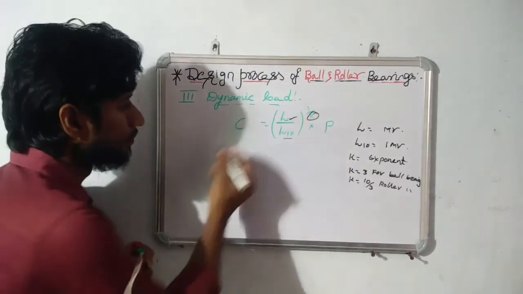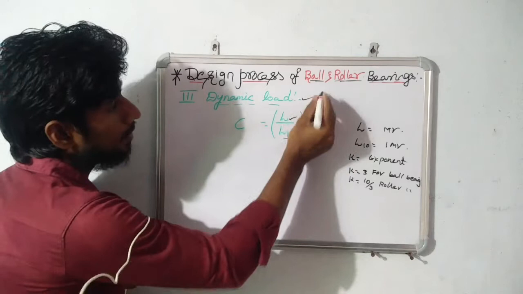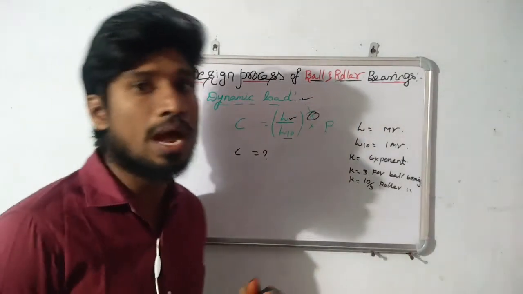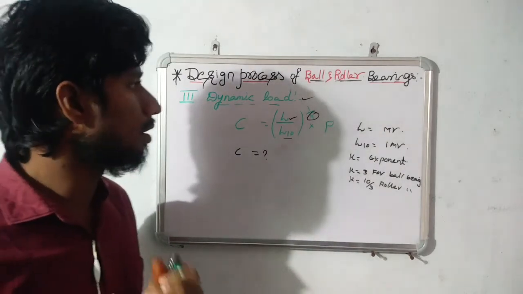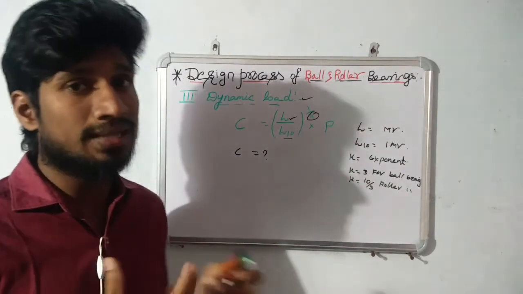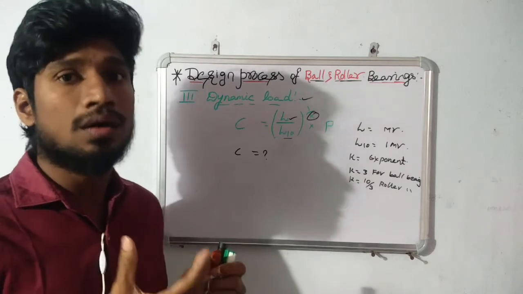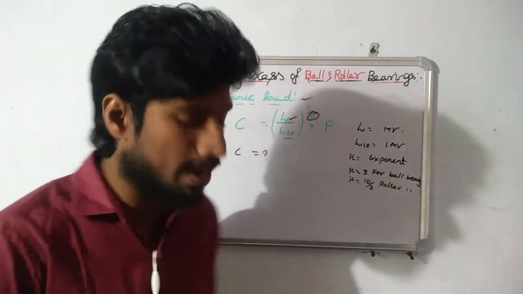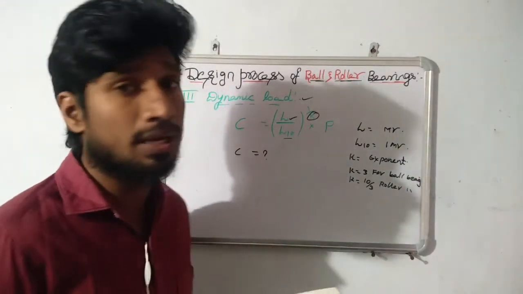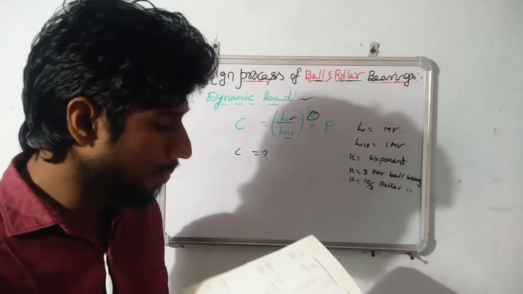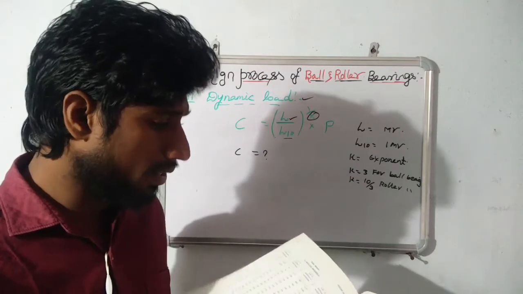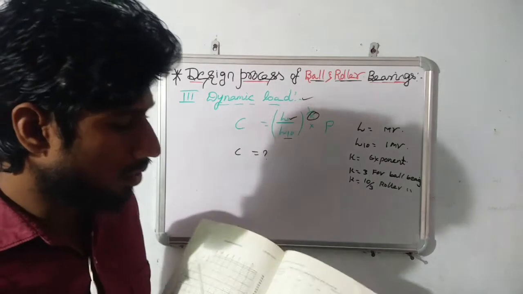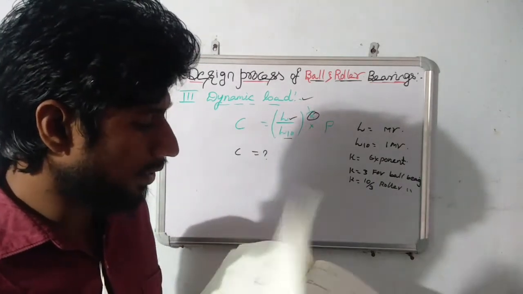For example, when we do this step, we get some value of C. By using that value of C, the dynamic capacity value, we consider the static capacity value. So let's see how we consider the static capacity value based on the dynamic capacity value. For that purpose, we prefer table numbers 20.7 and 20.8.